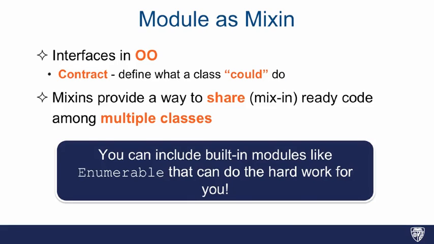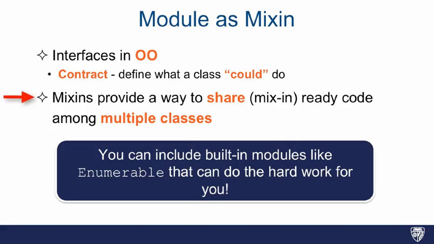Another way to use modules is as mixins. This is really cool. So in OO you have a concept called interfaces. A lot of languages, for example Java, will have a concept of an interface, which basically just means a contract. A certain group of classes abide by a certain contract which defines what a class could do.